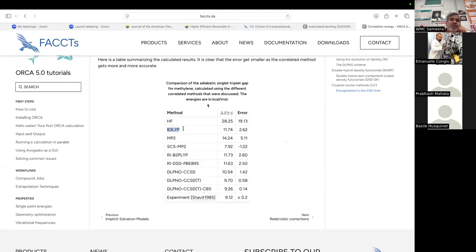Here you can see the computed singlet and triplet energy gap of methylene, and we have experimental data, and the DFT value is fairly close. So the error is about 2.62 kilocalorie per mole. But if you want to increase the accuracy of your computation, you must improve the accuracy of the method.